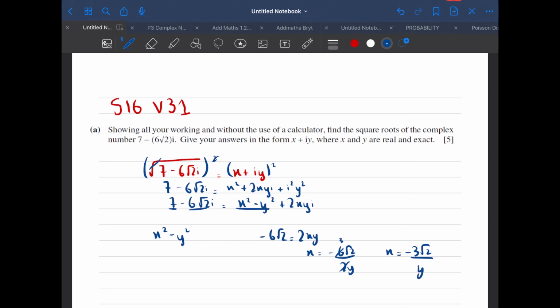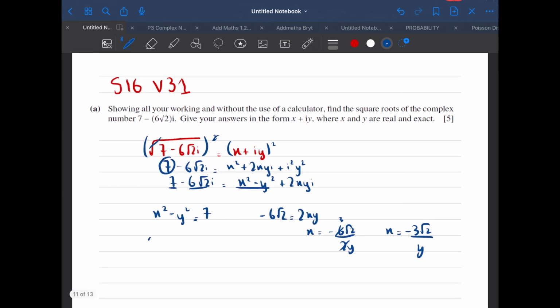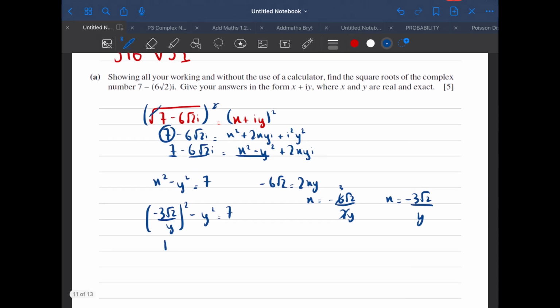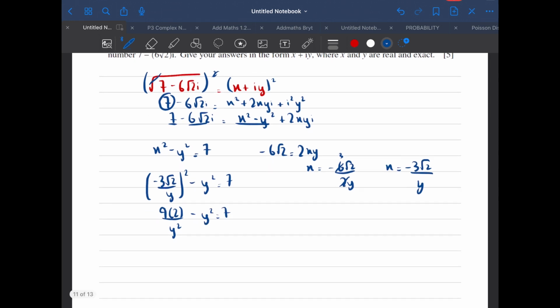Do you get this? x square minus y square is equal to what? But the real part was 7. Now my value of x is what? So it's going to be 9 into 2 upon y square minus y square is equal to 7.